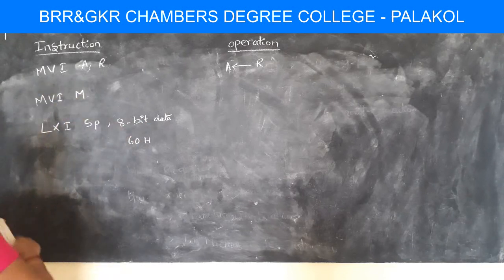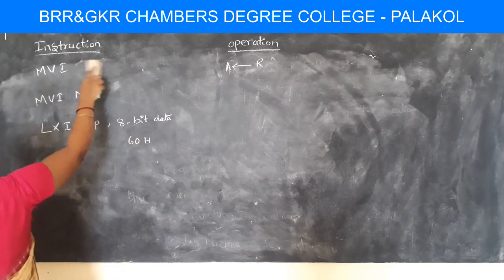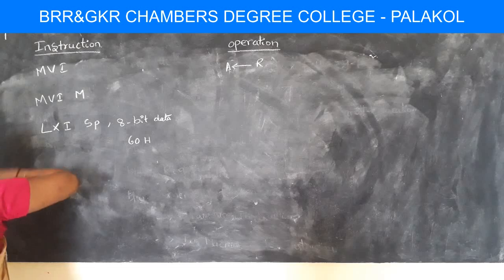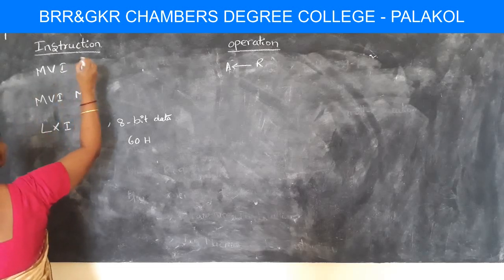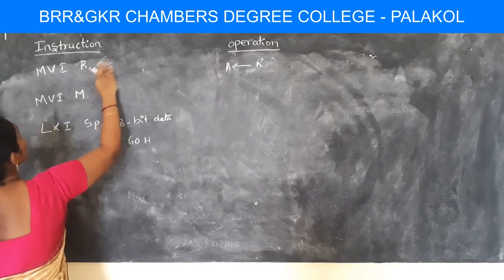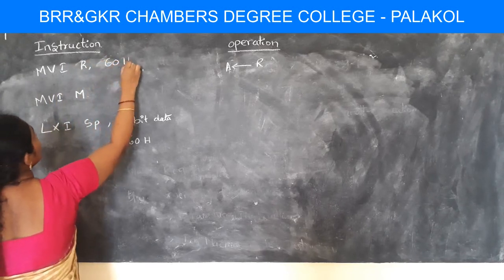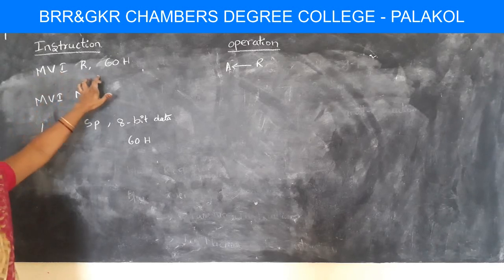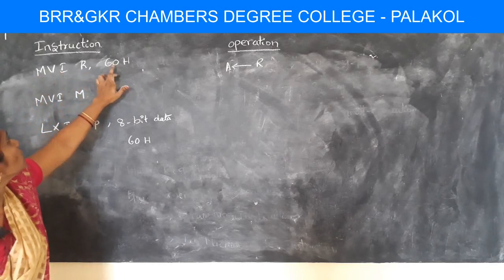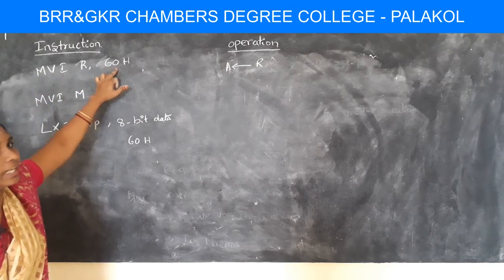Here the immediate data is nothing but data we have directly mentioned. For example, I consider an example for this instruction: MVI R comma 60H. That means this is 8-bit data.